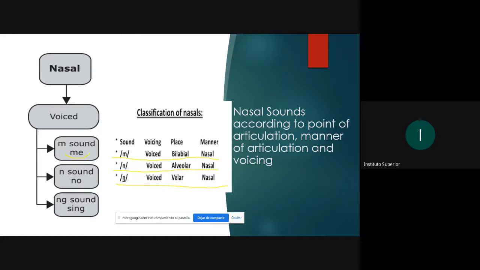Another person, could you read this word, please? Me.